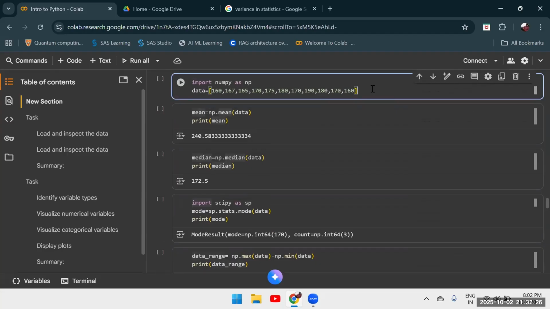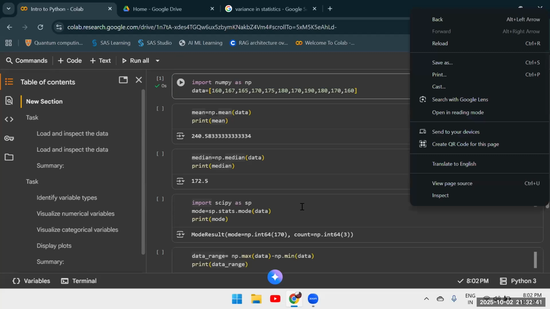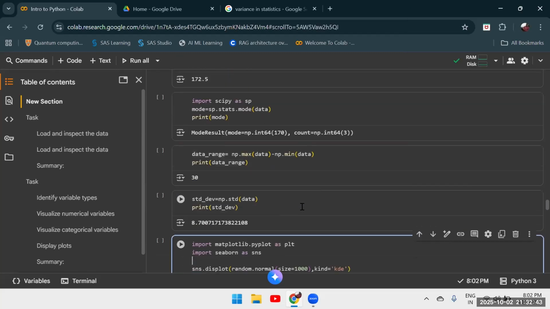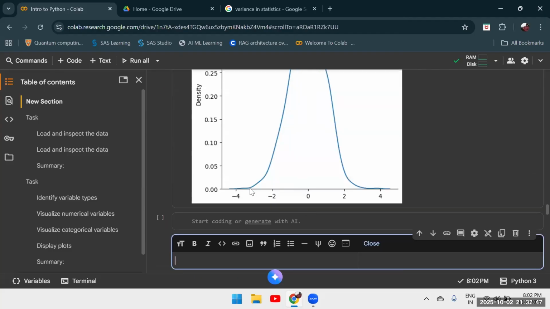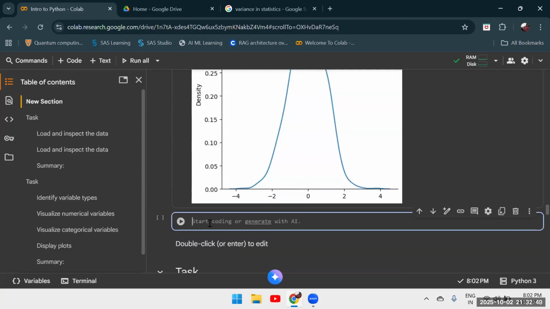I'm going to use very similar records to what we used yesterday, having all the values as here. Now let's insert a new cell after this standard deviation. I'm going to make use of the same data, so I'm going to say variance.